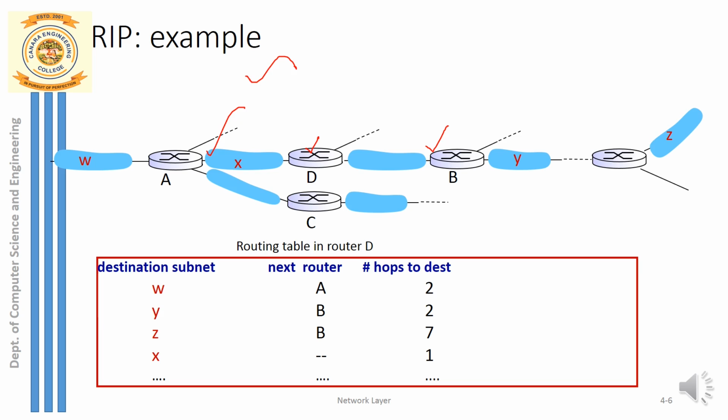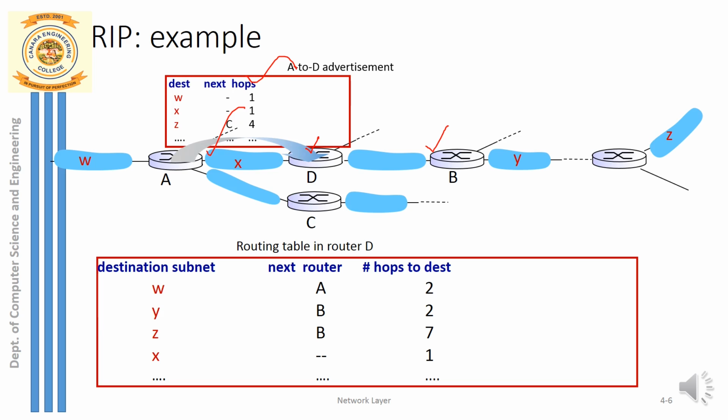See here, this is again the routing table, what we can see in this example. So it is W, Y, and Z and X. All these are reachable. So here in this first instant of time, you can see the routing table of D has not changed. We'll see the next instant of time.